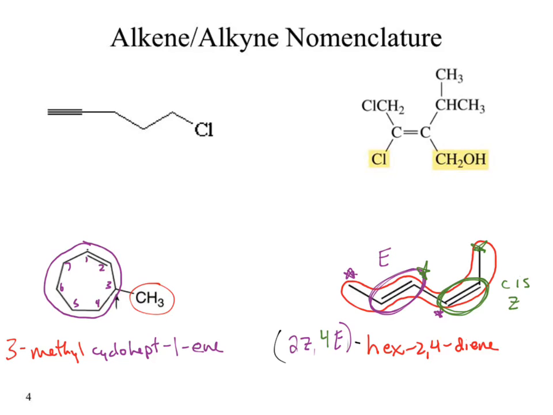So, top left, let's do that one because I think that one's easier. We circle our main chain carbons. How many carbons do we have in our main chain? 5, which is a really, really easy mistake to make because a lot of people will skip over that carbon.